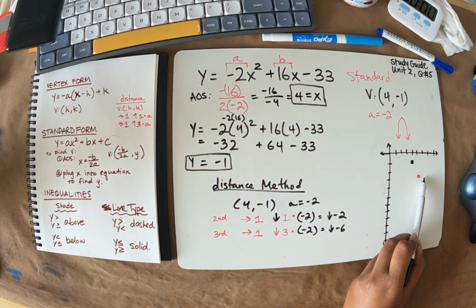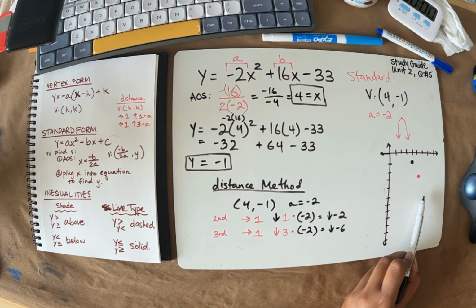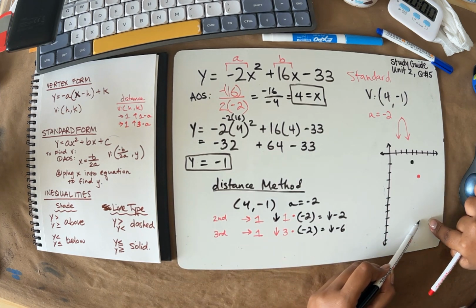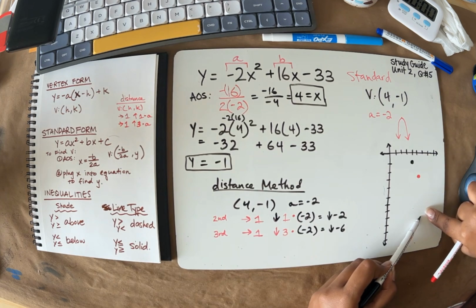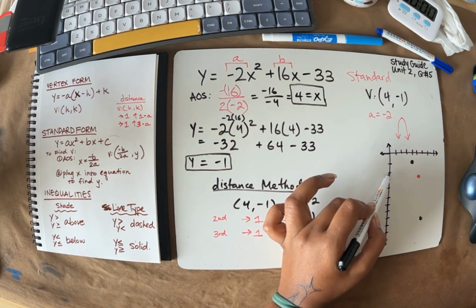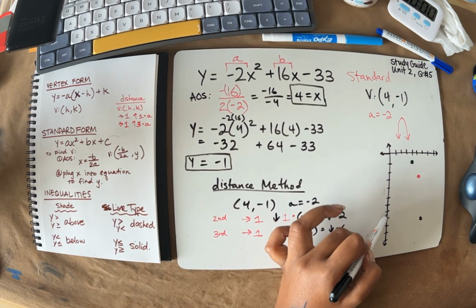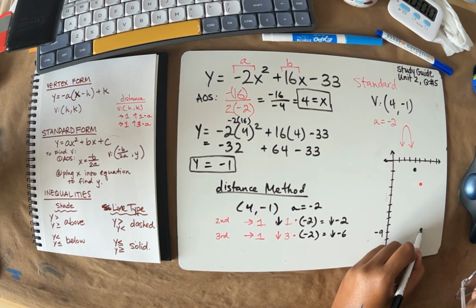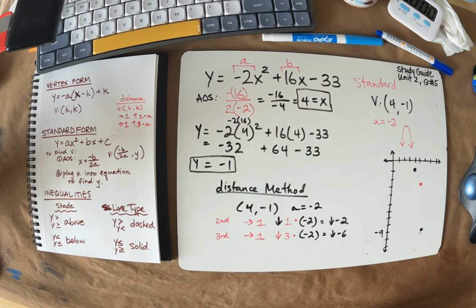So I'm going right 1. And I'm going down 1, 2, 3, 4, 5, 6 units. And if we were to figure this out, 1, 2, 3, 4, 5, 6, 7, 8, 9, it should be at negative 9. It's a little bit off, just slightly.